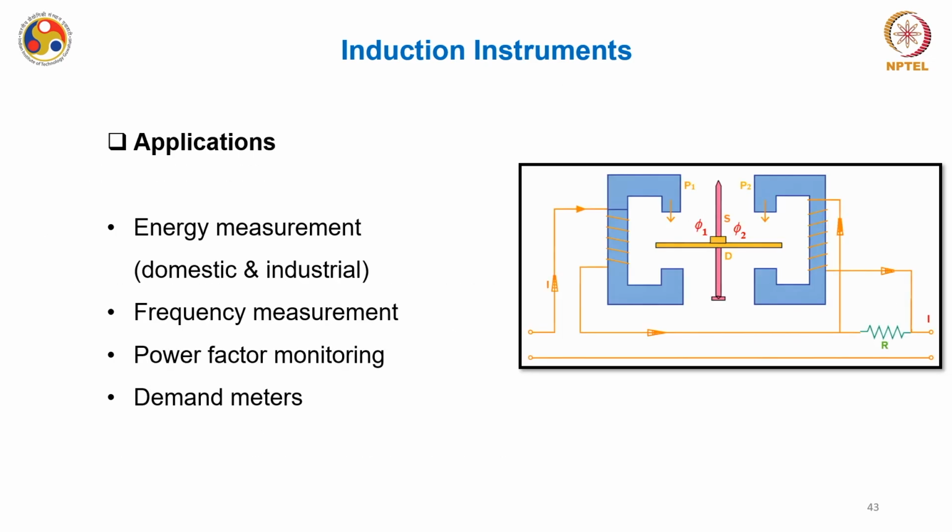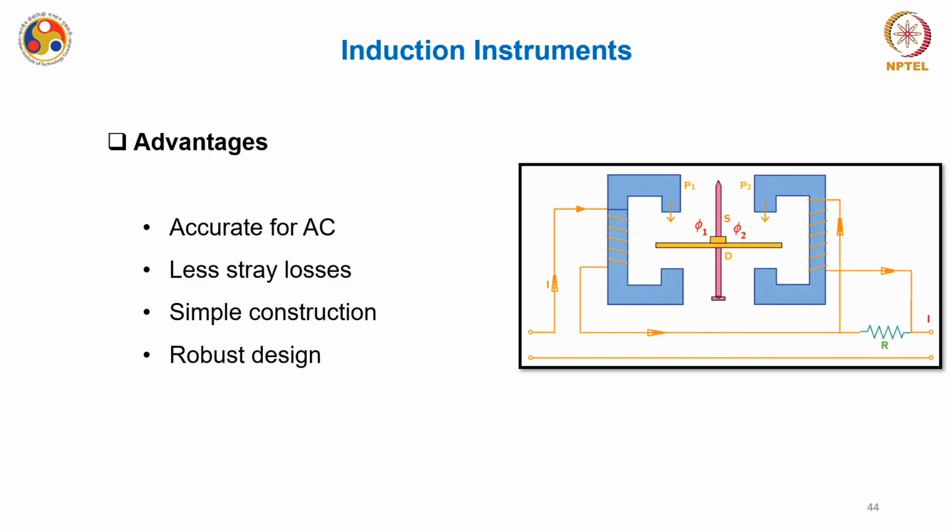Then let us try to understand their application. In the initial part of this lecture we have seen that the applications of these induction instruments are enormous, particularly in energy measurements, frequency measurements, phase lag measurements, and power factor monitoring. So mostly for AC applications.